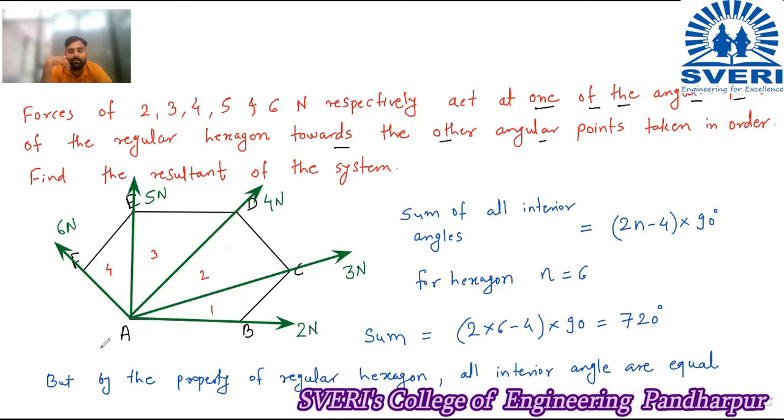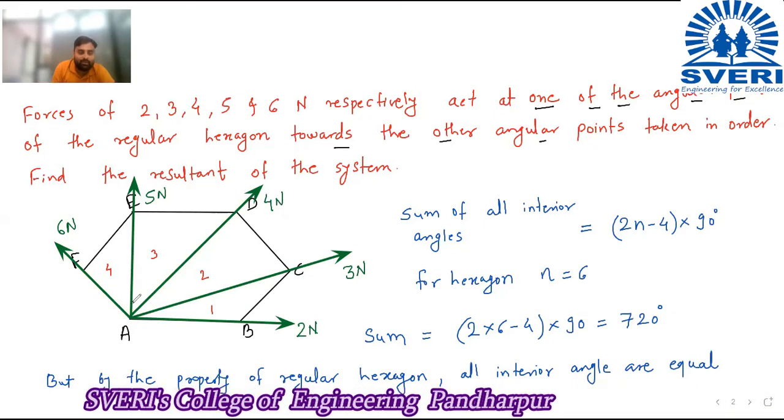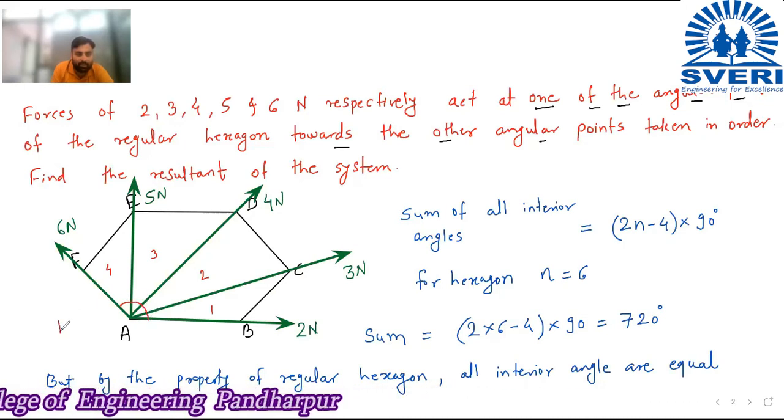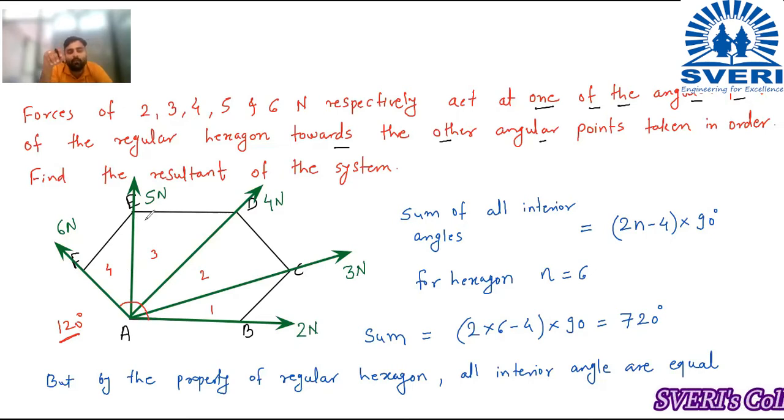Do you all understand what I am saying? Yes, sir. This whole angle is 120 degree, and from this point A, all angular points are joined by the property of regular hexagon.